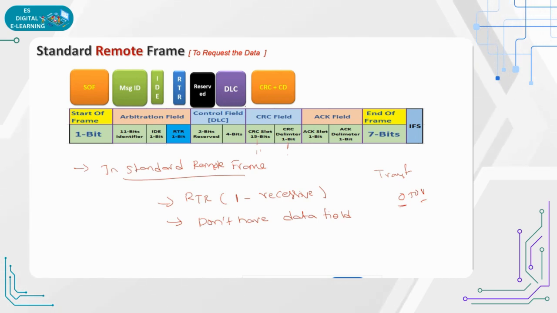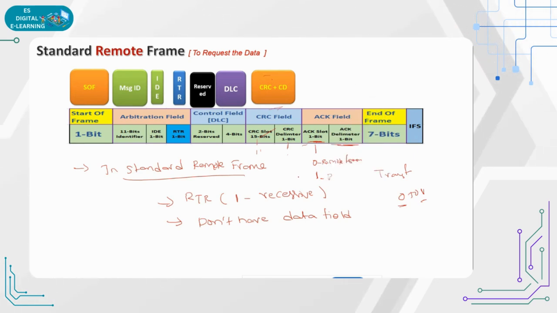So during the acknowledgement, this slot and delimiter will be a 0. So 0 is for remote frame, and 1 is for data frame.